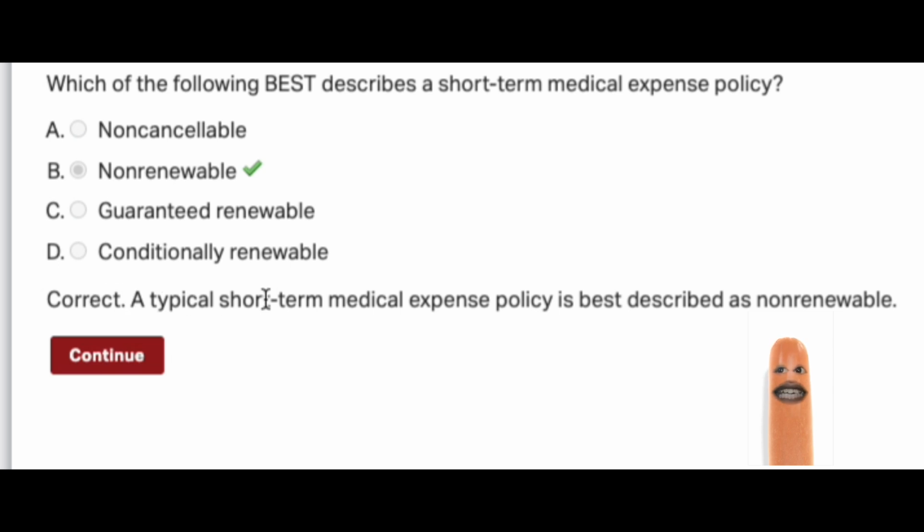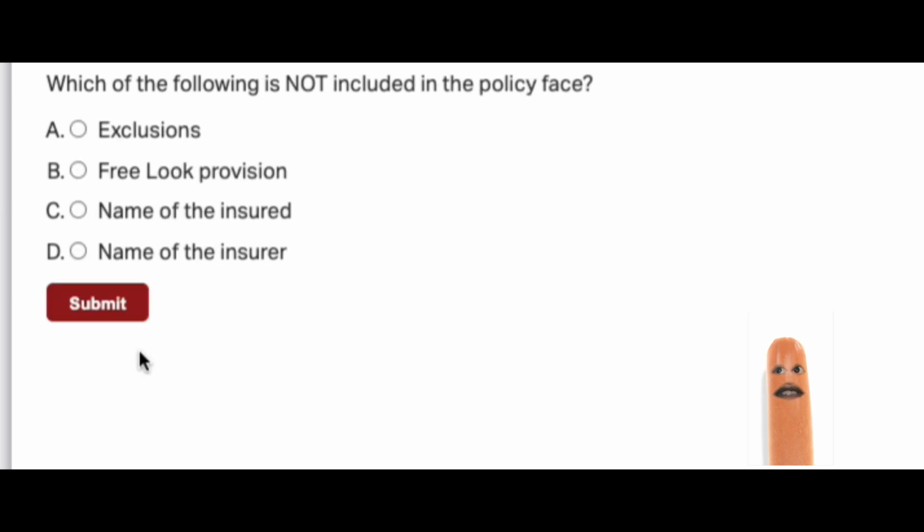The next question, please. Which of the following is not included in a policy face? That means the first page, if you didn't know. A, exclusion. B, free-look provision. C, name of insured. Or D, name of insurer.